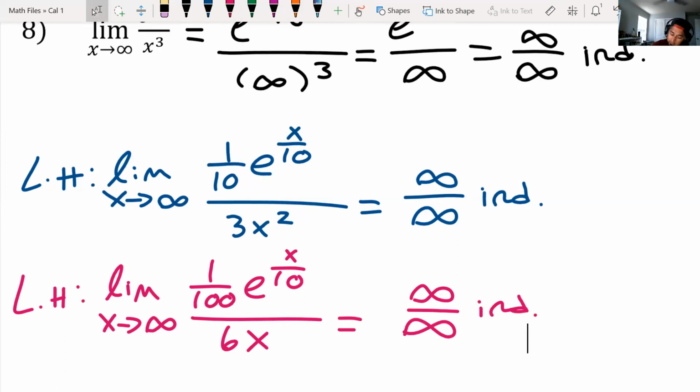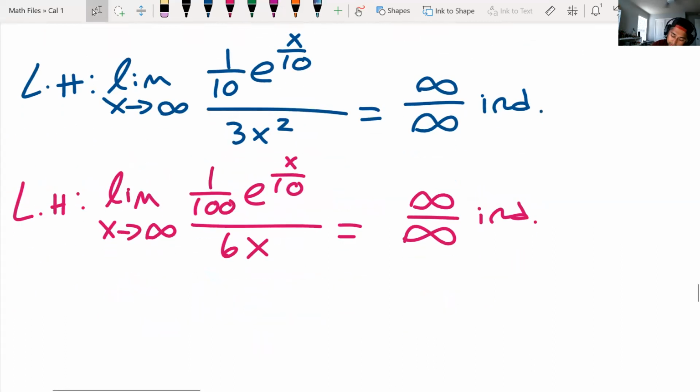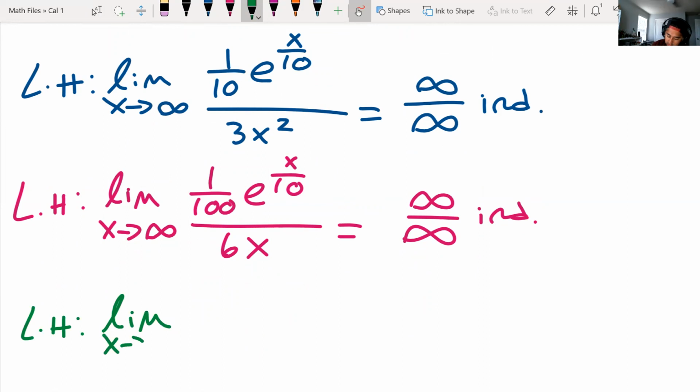Which means L'Hopital's hopefully one more time. And what's my new derivative of the numerator? One over 1,000. Yeah. 1 over 1,000 e to the x over 10.